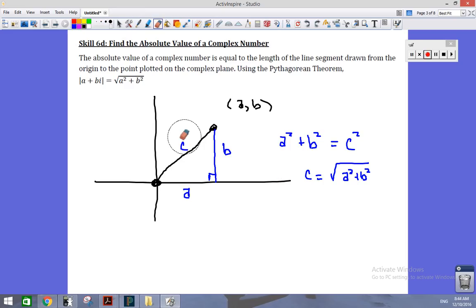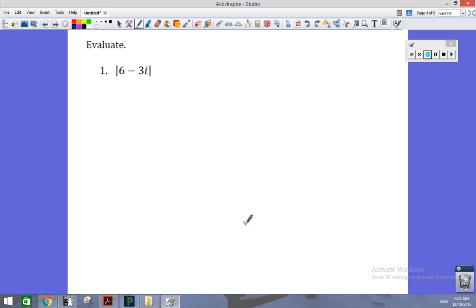So the distance from the origin to some point (a, b) is the square root of a squared plus b squared. Notice that there is no i in that distance; we're just using the real part and the imaginary part in a formula to calculate it. So let's do a few examples, and I think you'll find it pretty straightforward.